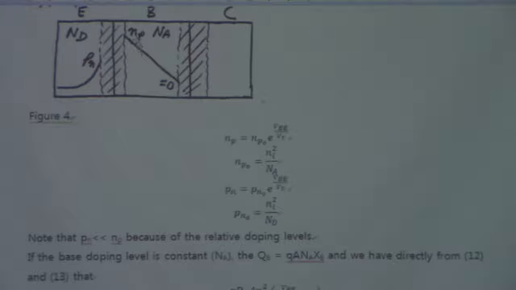Okay, NP means in p-type the electrons, which are the minority carriers, and then we have these values from the diode analysis. We know the doping level is different, so the minority carriers in the base are much higher than in the emitter.